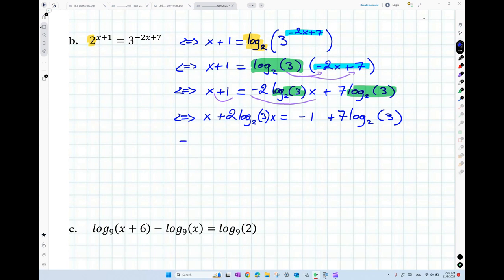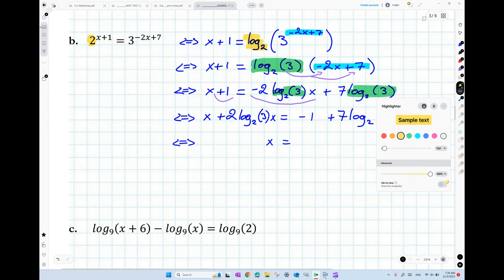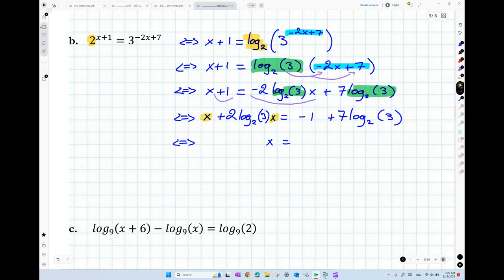You can eventually make sure that you understand, I'm going to factor out the x here. So that's some basic pre-algebra skills. I'm factoring out the x. I will be left with 1x here, and on the other side, 2 log 2 of 3. This side doesn't change for now.